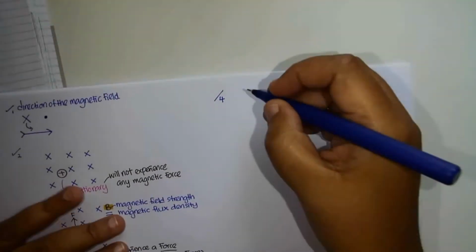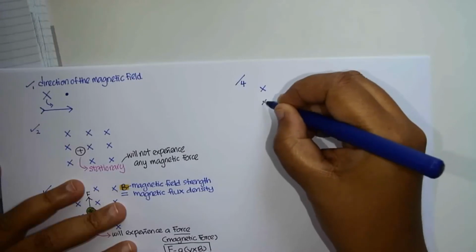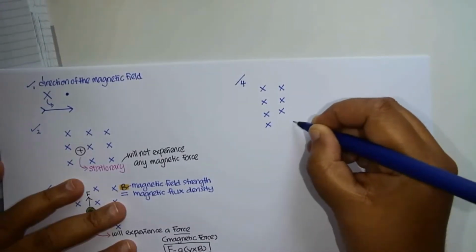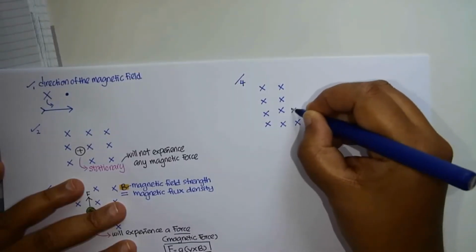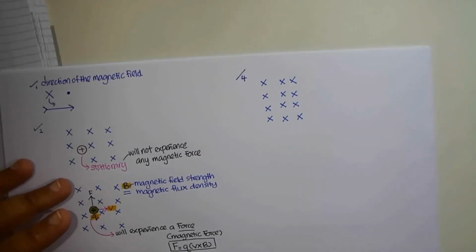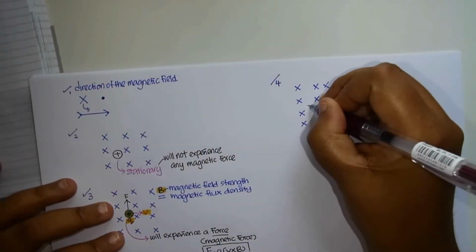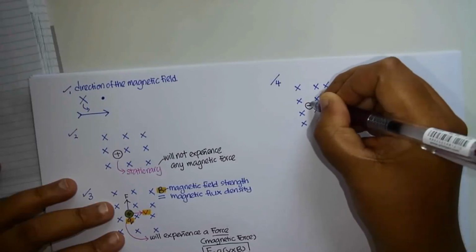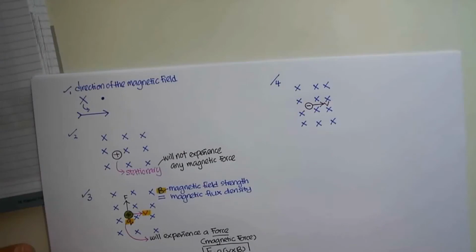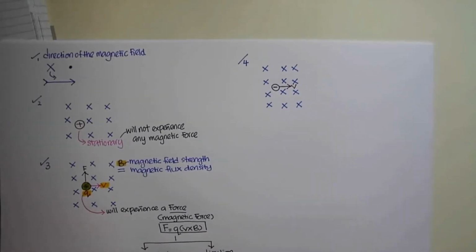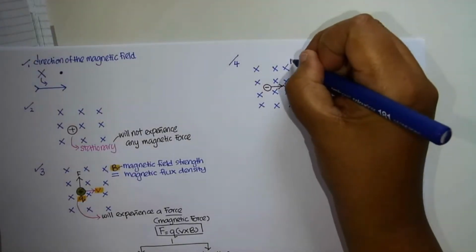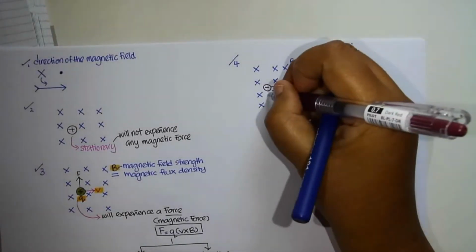So I have a magnetic field which is pointing into the page, and then I have a negative charge which is moving with a velocity v. So what will happen? This is B, and this is charge Q.